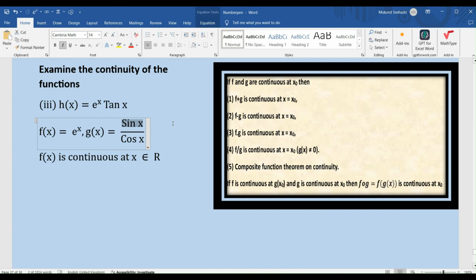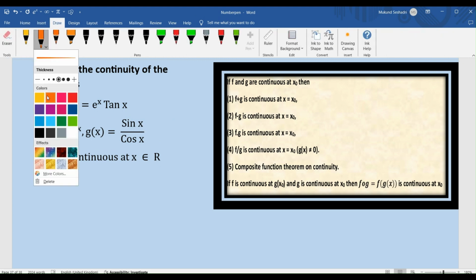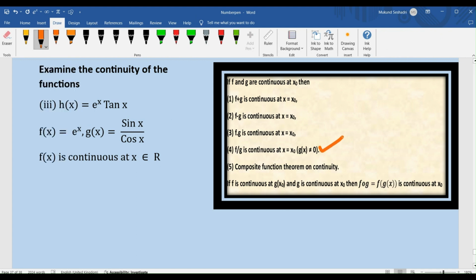Within g of x, I'm going to apply the fourth rule. Let me take a pen and highlight this so that it becomes a lot clearer.